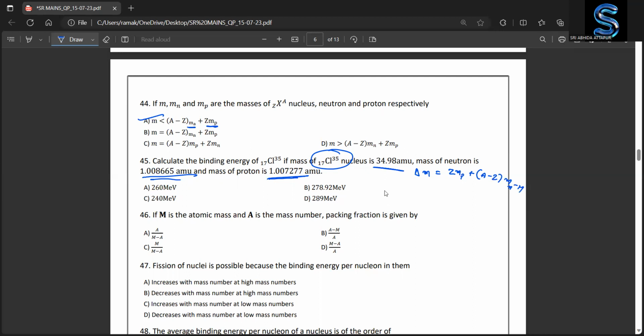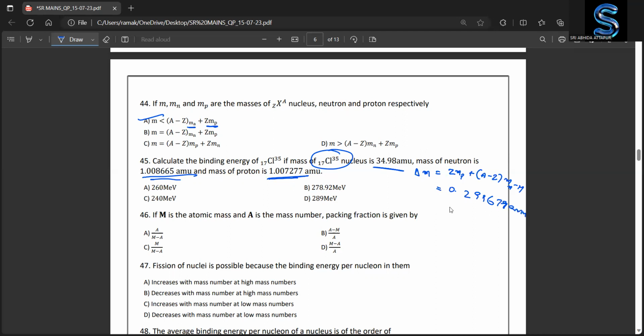So when we substitute the values of Mp, Mn and M, the mass defect can be represented as 0.29967 AMU.